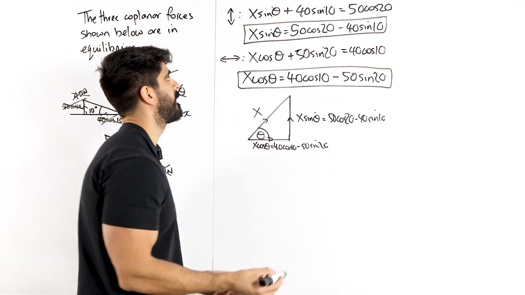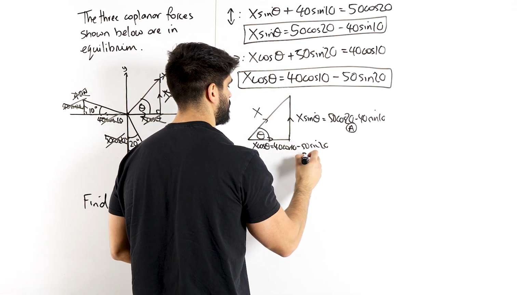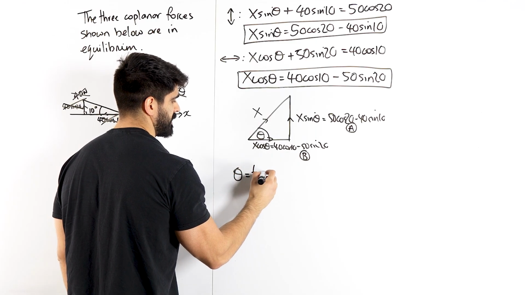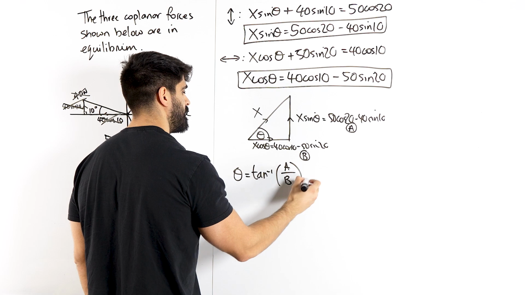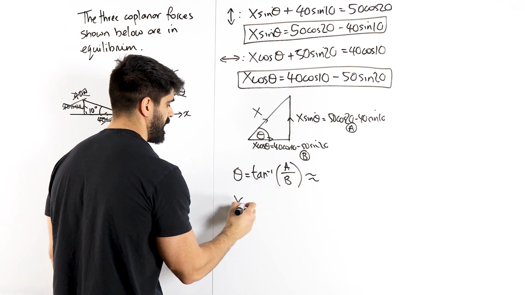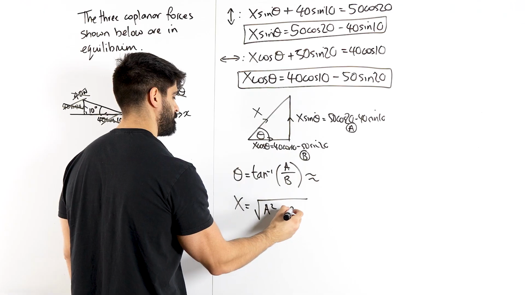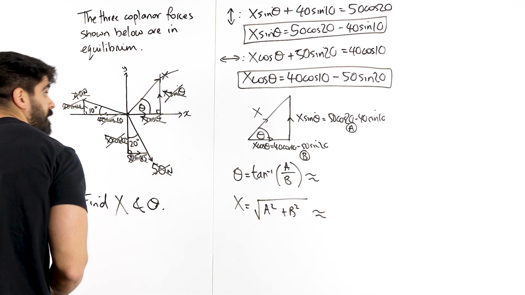So all I would do is now I'll type these in and store them as a and b. Then to work out theta, we're going to do inverse tan of the opposite a divided by the adjacent b, then we'll round it. Then x is going to be Pythagoras to our coefficients. We'll do everything to the nearest whole number.